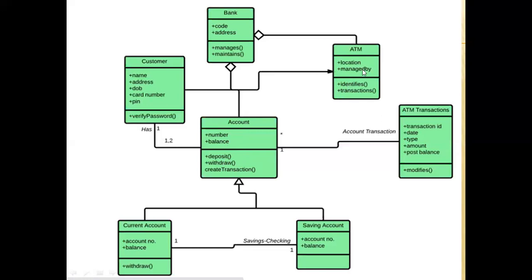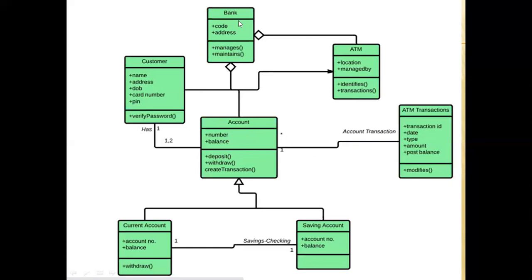The ATM is managed by a particular bank and has some locality. ATM transactions are performed by the account holder or customer. There is a relation between customer and ATM, between account and ATM, and between account and ATM transactions.